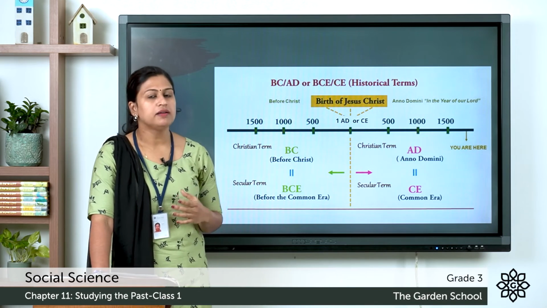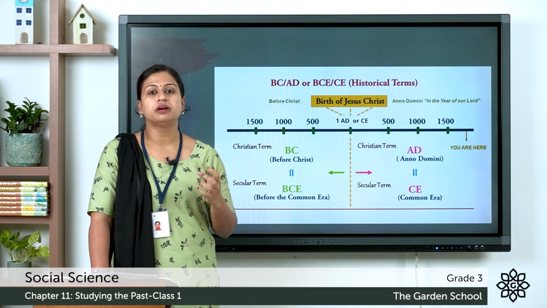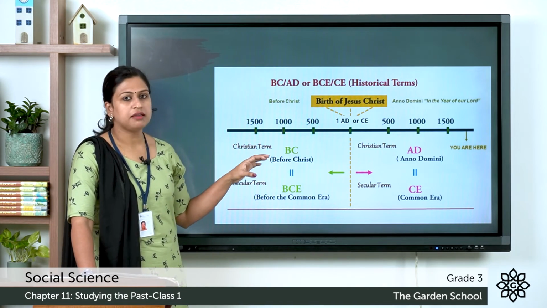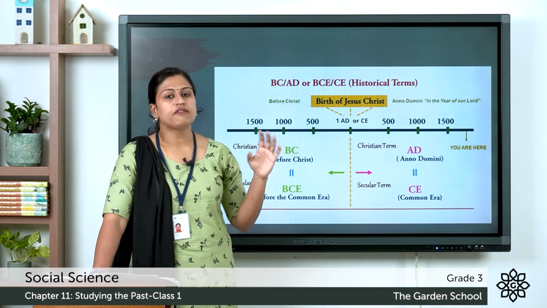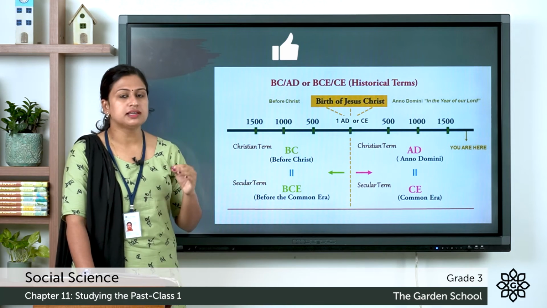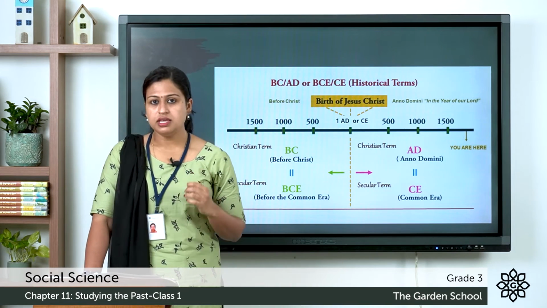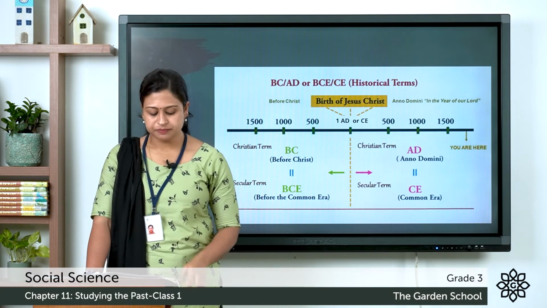So if we say 1000 BCE, that means 1000 years before the birth of Jesus Christ. So this is an example of a timeline where you can see the events and dates of the past arranged in the order in which they took place. So these tools help the historians to study the past.